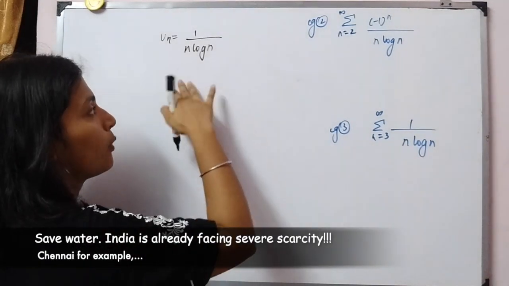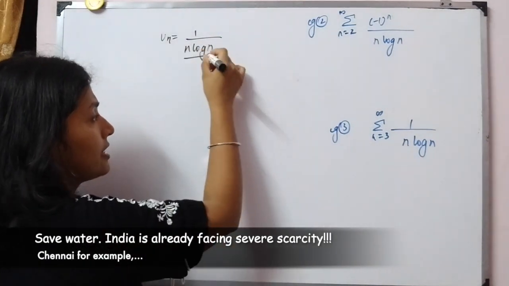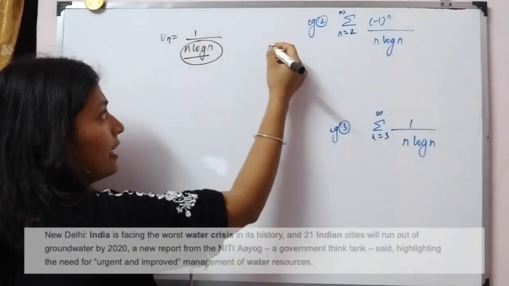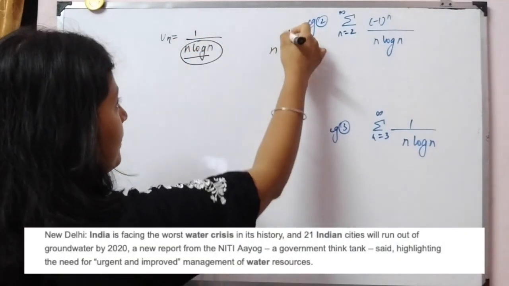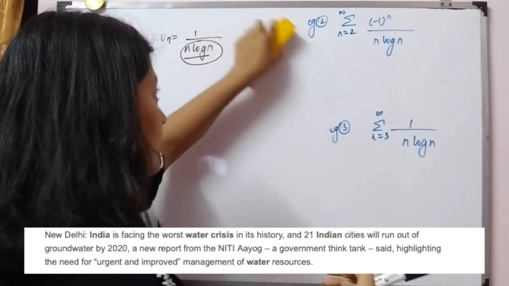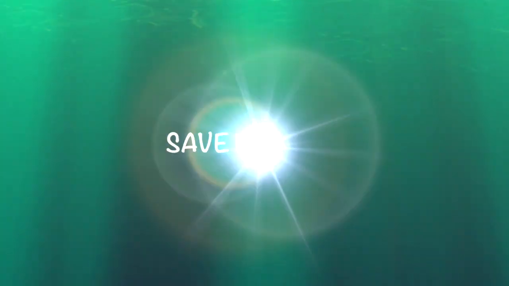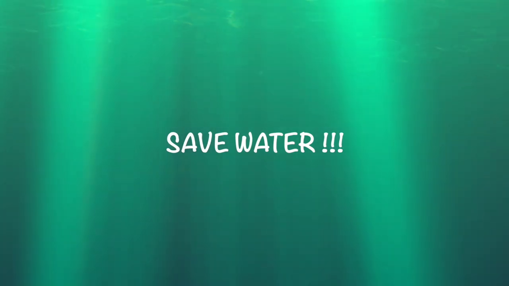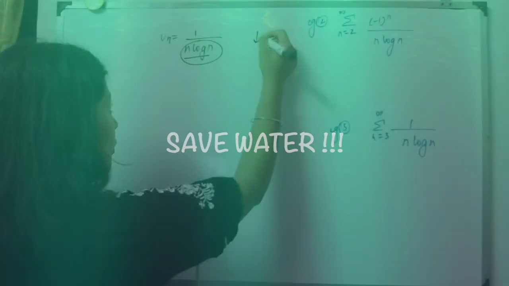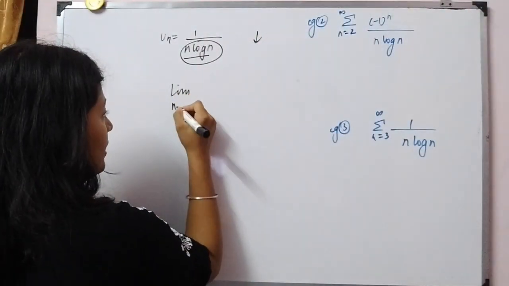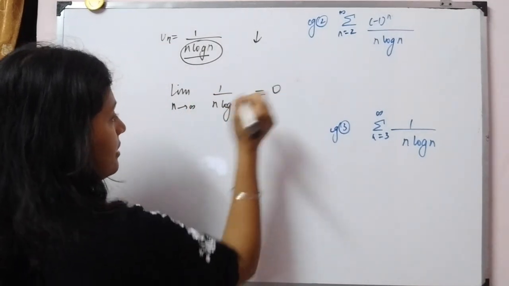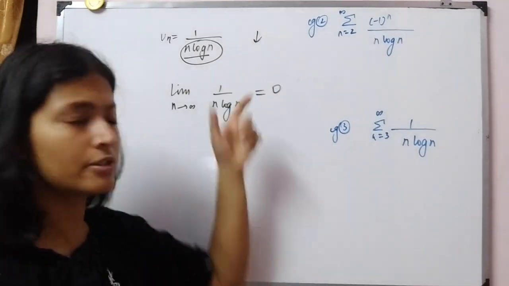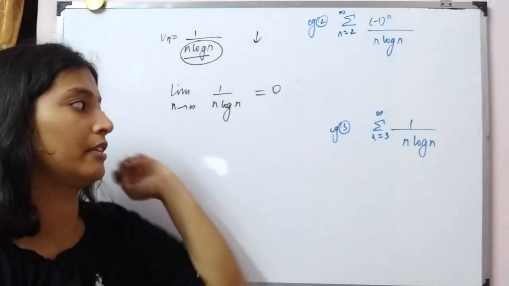Clearly both are satisfied. n log n is an increasing sequence, and if we take it in the denominator, it becomes decreasing. So that is clear, it's decreasing. And the limit as n tends to infinity of 1 upon n log n is again 0. So both conditions hold, therefore this is also convergent.